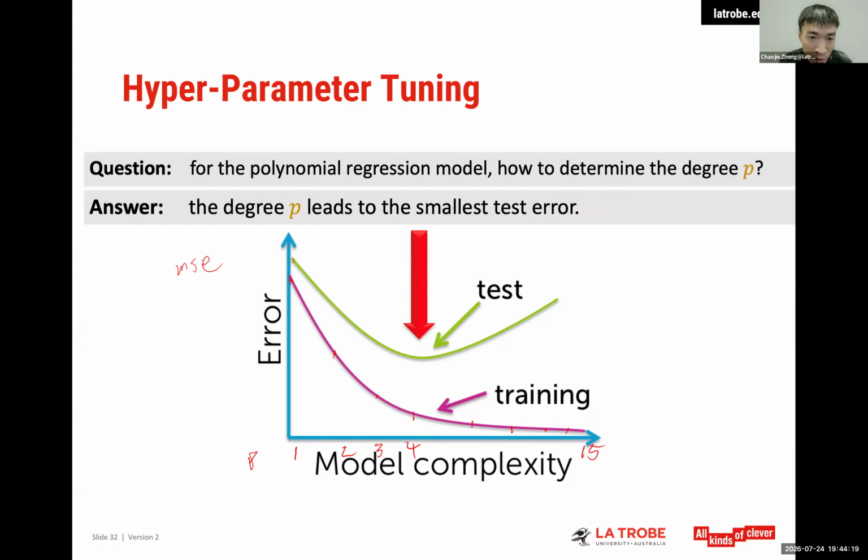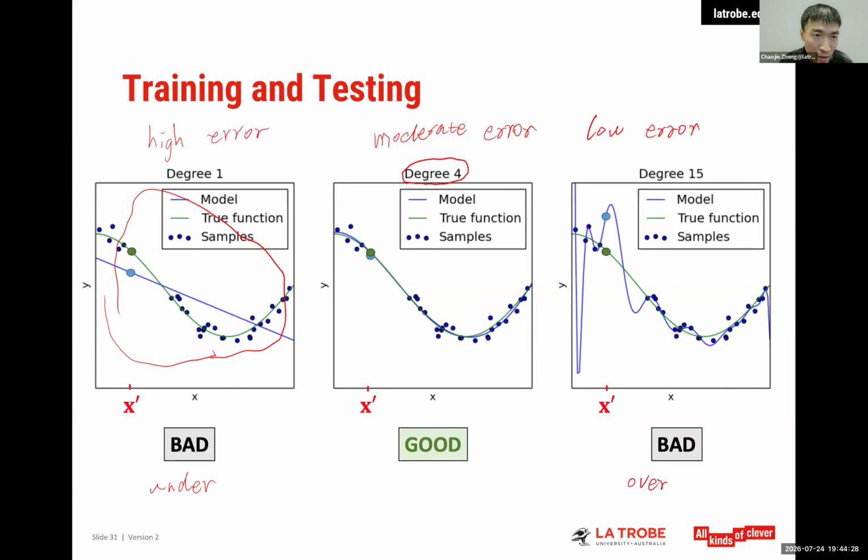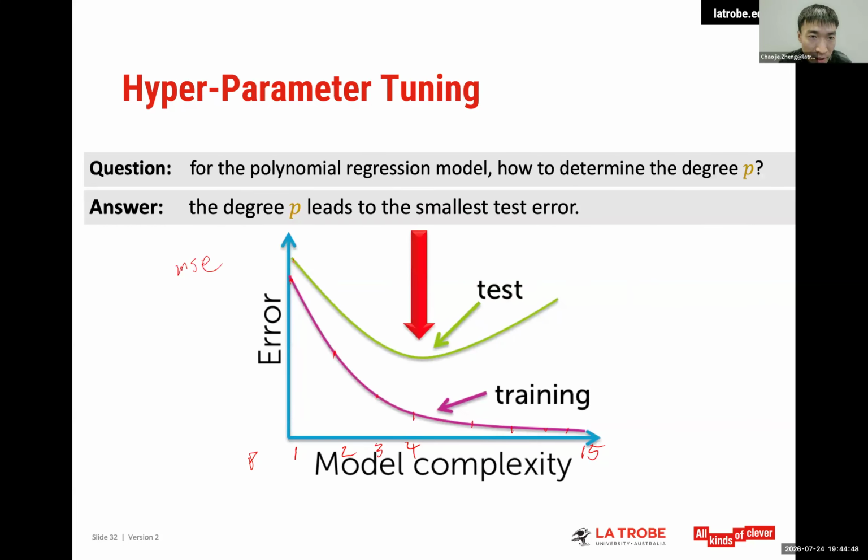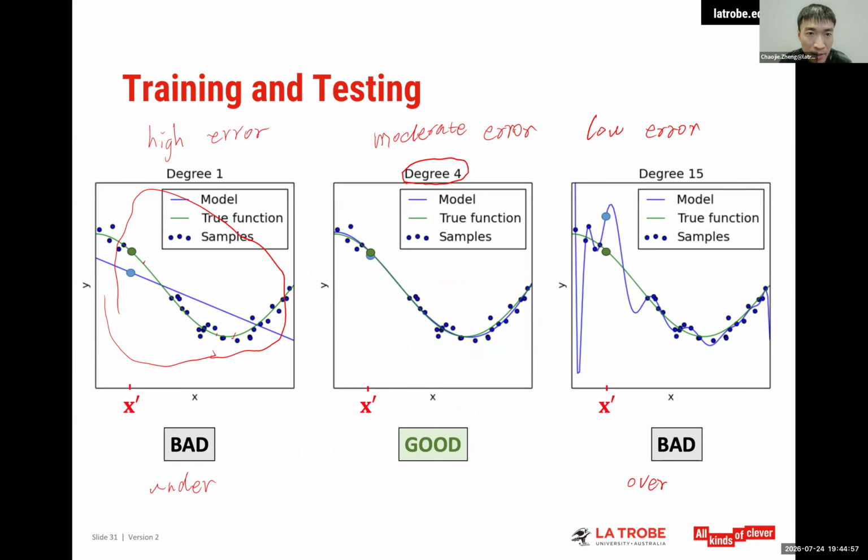So initially, for a low complexity model, it will achieve very high error because, if we sample more new data from the true function, the model is underfitting and it cannot predict the value properly, so it will still have very high testing error. But when the model complexity increases, we can achieve better fitting to the true functions.